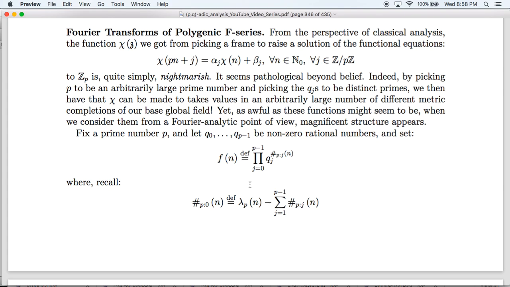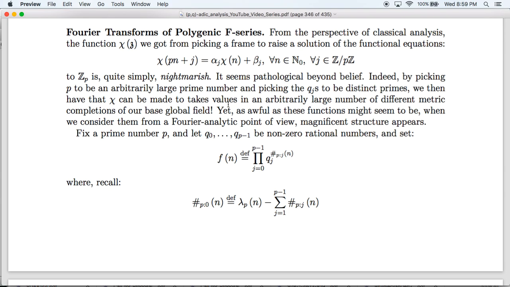These functions seem pathological beyond belief because not only are they not necessarily converging in the reals, but they might be converging p-adically for multiple primes p, which is crazy. Yet, in fact, for any finite number of different metric completions of the base field, we can make f-series that converge in all of them at different varying points.